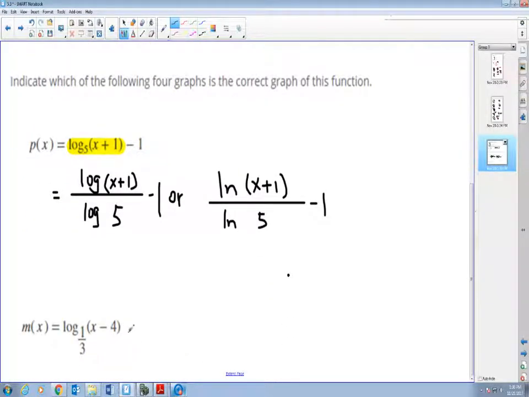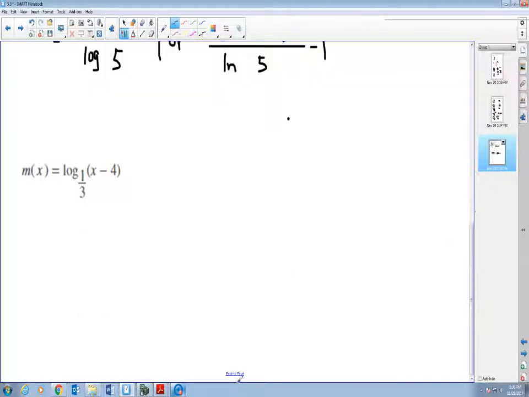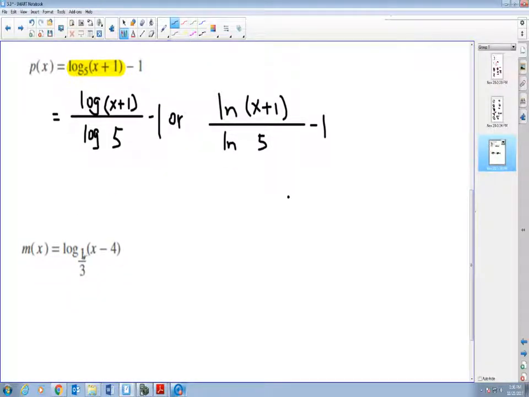So let's try this one. This one doesn't have that minus 1, doesn't have any vertical shift here. So if I'm matching my formula, this x minus 4 has to be m, and b has to be 1/3. Changing the base formula, that will be log of m, so my base is 10 now, over log with the base 10 of my b, which is 1/3.